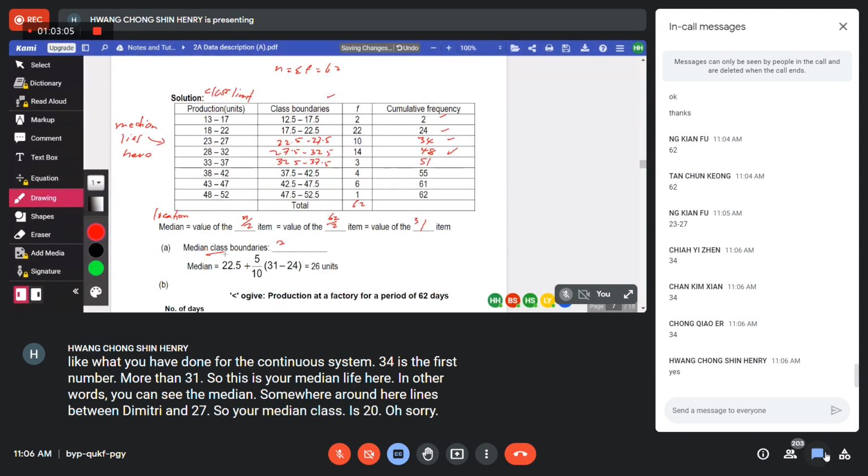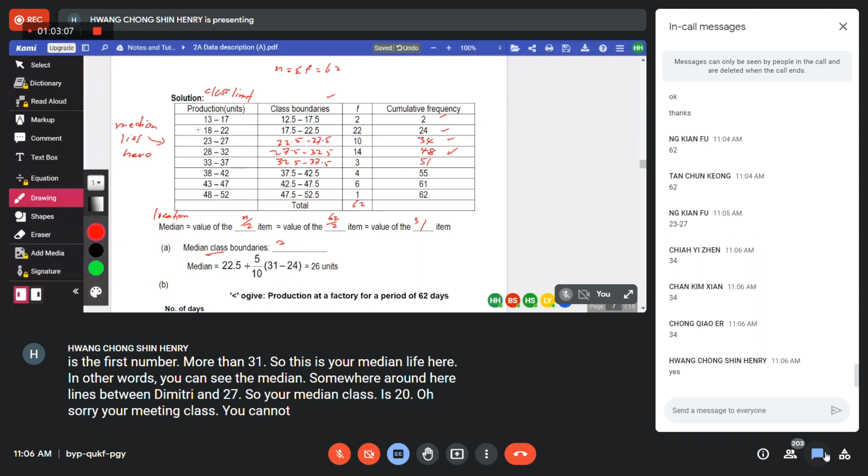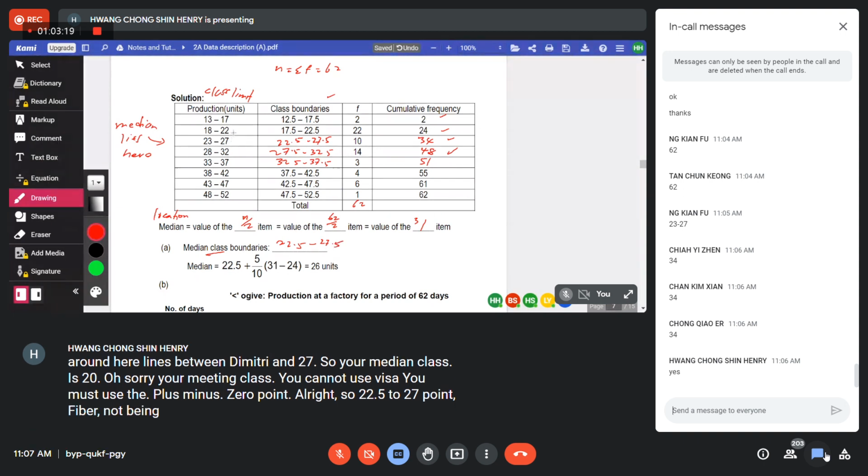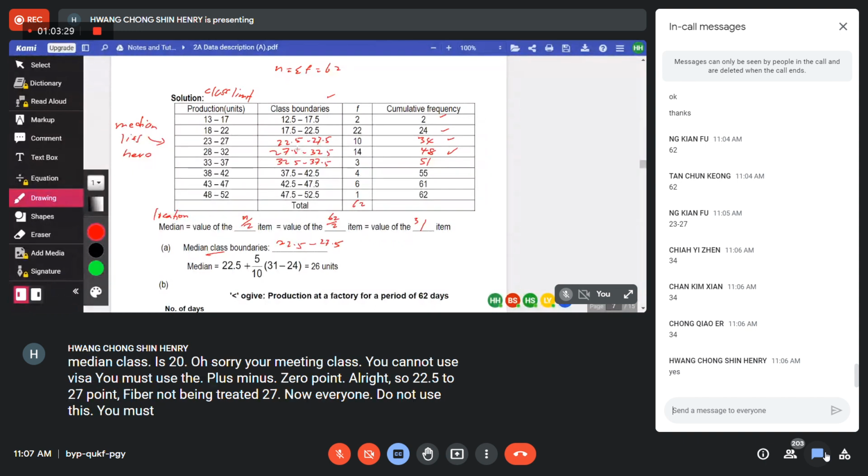So your median class is... sorry, for your median class, you cannot use this. You must use the plus minus 0.5. So 22.5 to 27.5, not 23 to 27, everyone. Do not use this. You must close the gap.